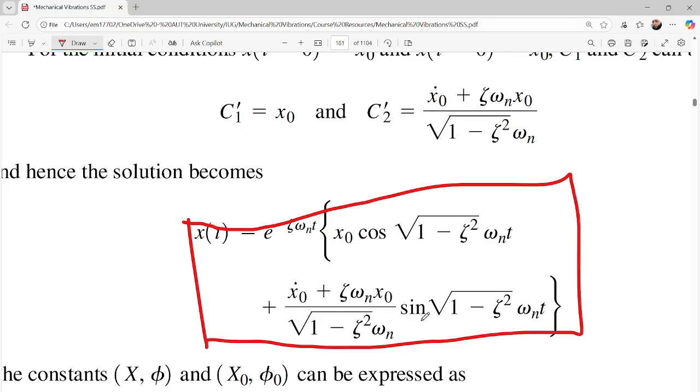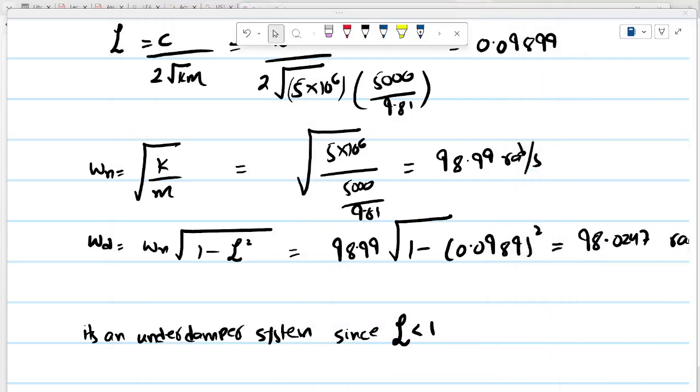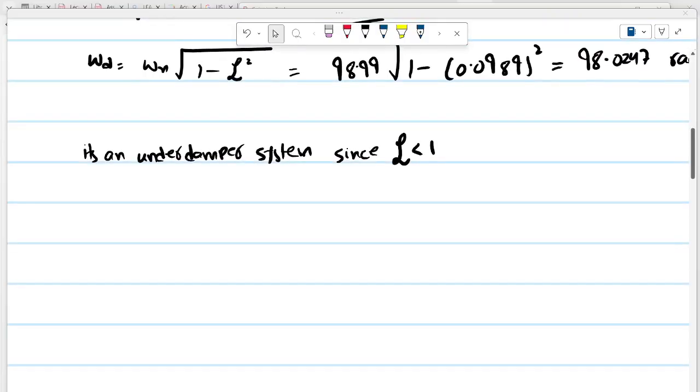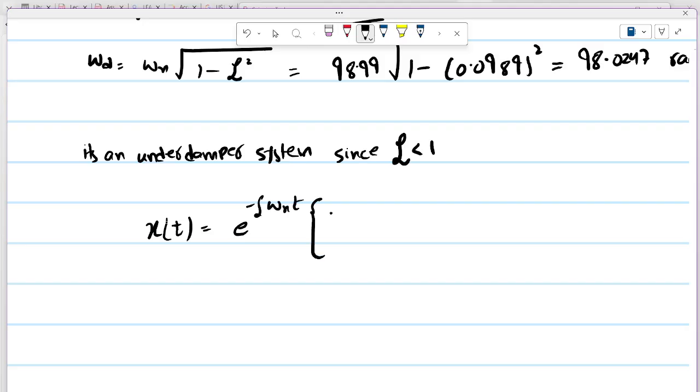Once you substitute these into the equation, we will have e exponent minus the damping coefficient times omega n t, that's x dot of 0 divided by omega d, the damped frequency, times sine omega d t.